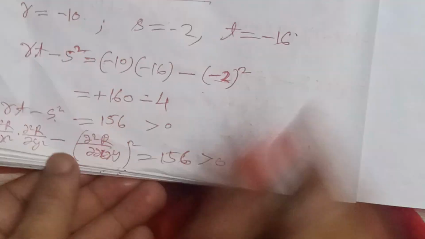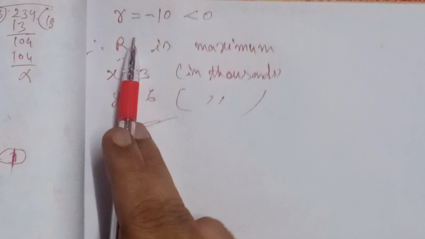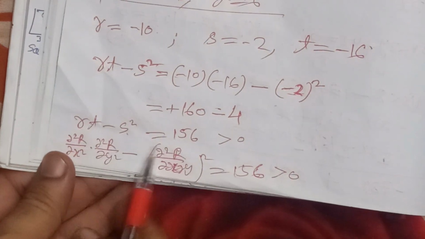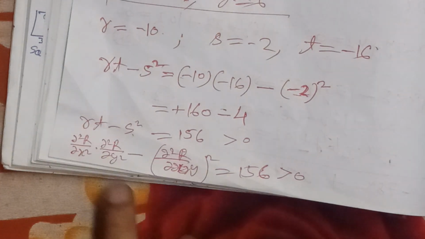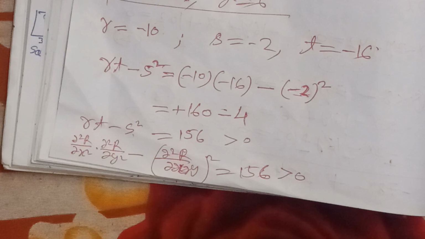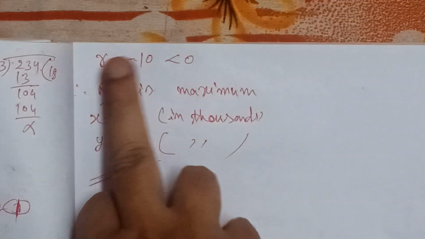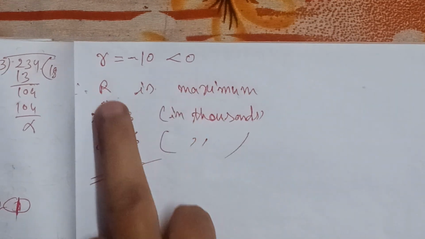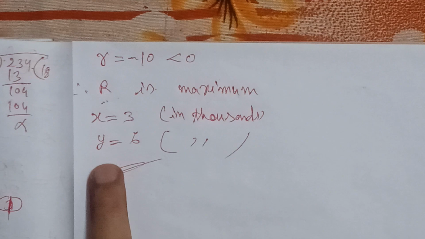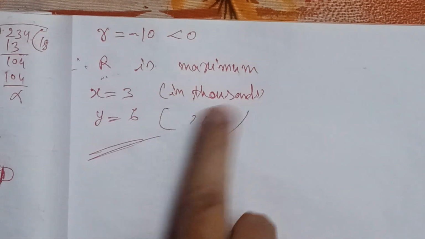The value of r confirms that our function capital R is maxima. R is also a function of x, y, and this is at the point x equal to 3 and y is equal to 6, which is given in 1000.